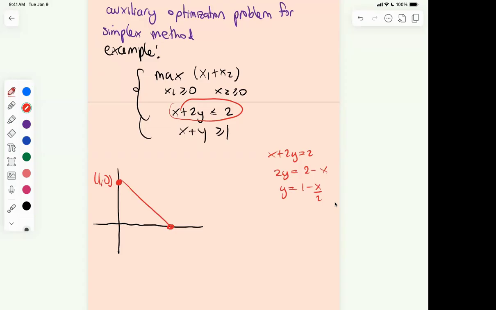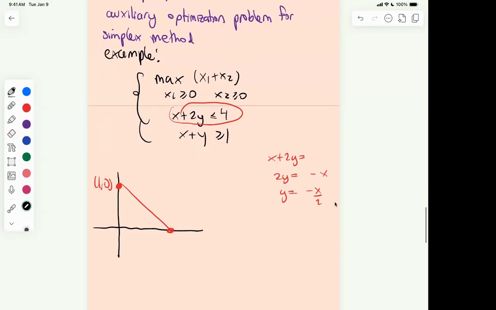Let's actually make this a 4, just to make this nicer, so that they don't intersect like that.